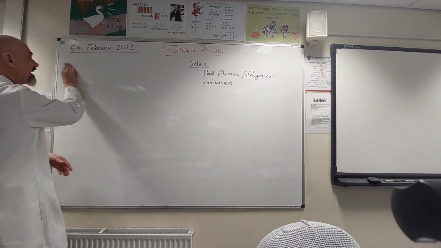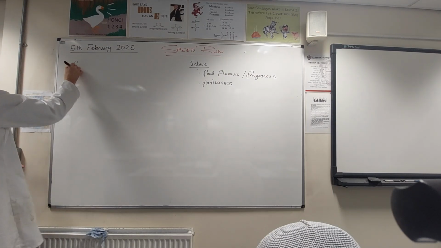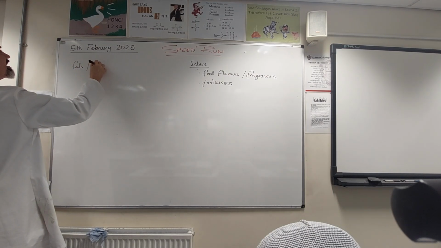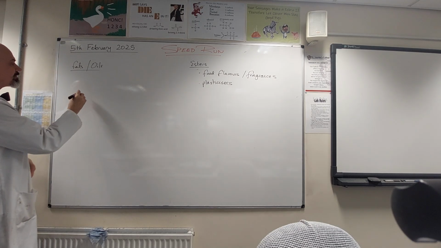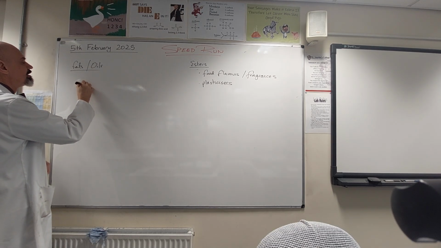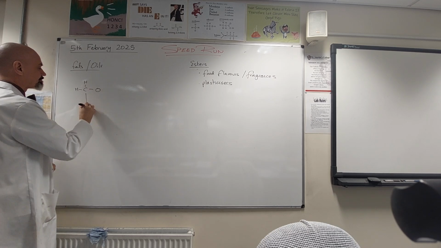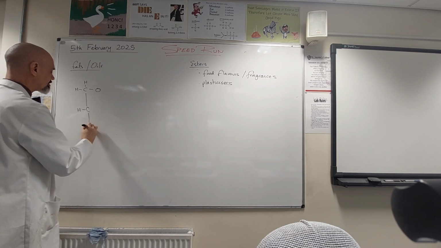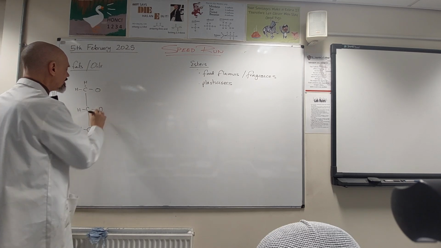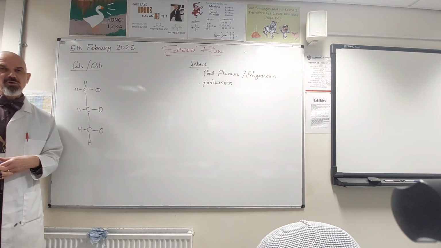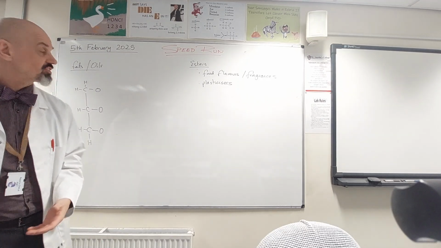The other important ester that we need to know about, that's clever, is fats and oils. I'll just spell this out a little bit. Fat and oil molecules, they're the same type of things, just oils are liquids at room temperature and fats are solids.